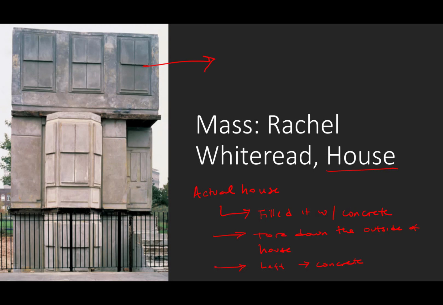This, by just looking at it, looks heavy. And so it's going to give a perceived sense of a lot of mass. And this is not implied or subversive. The mass lines up with it, right?